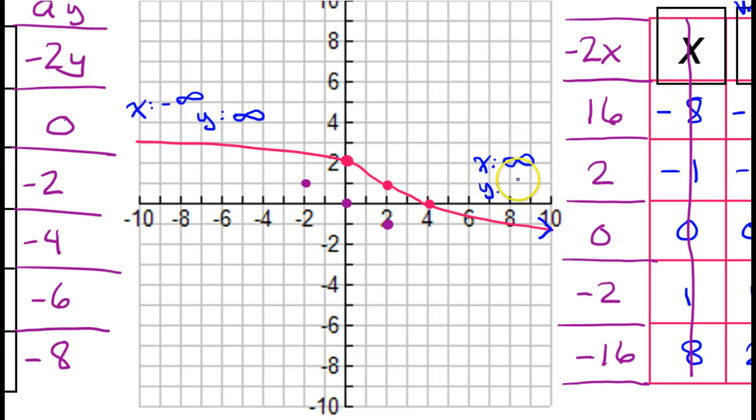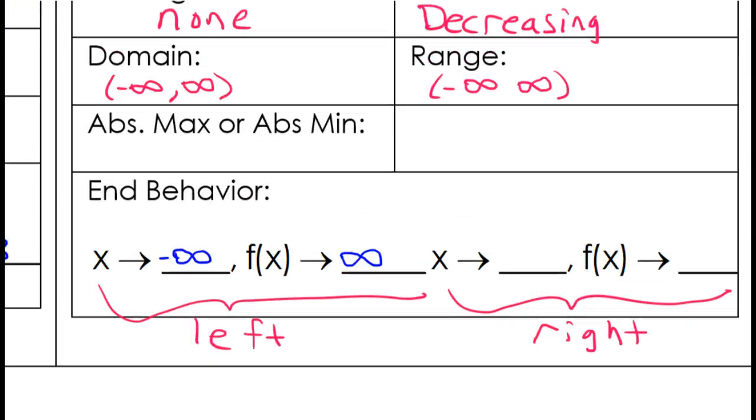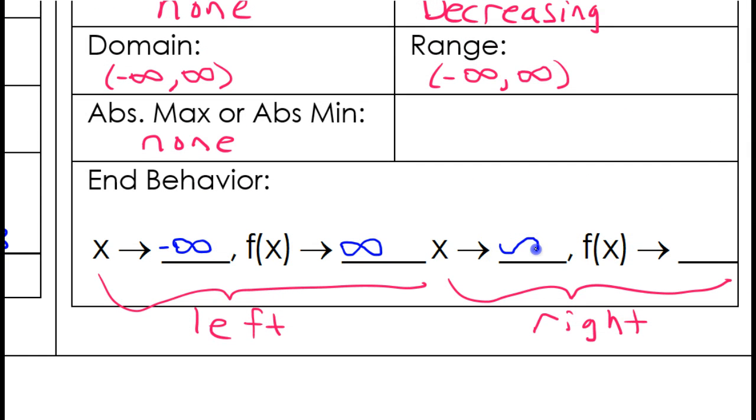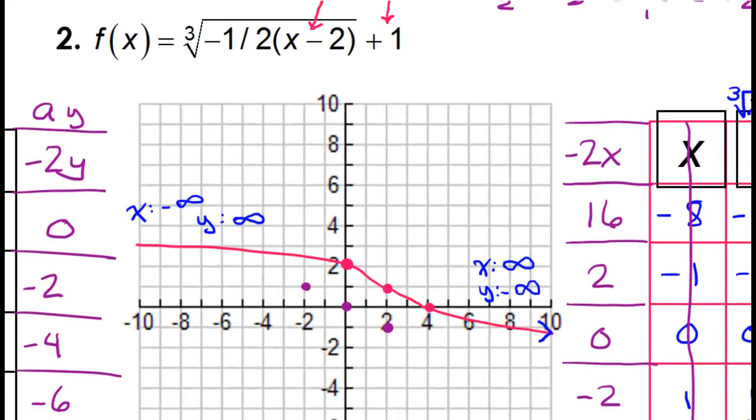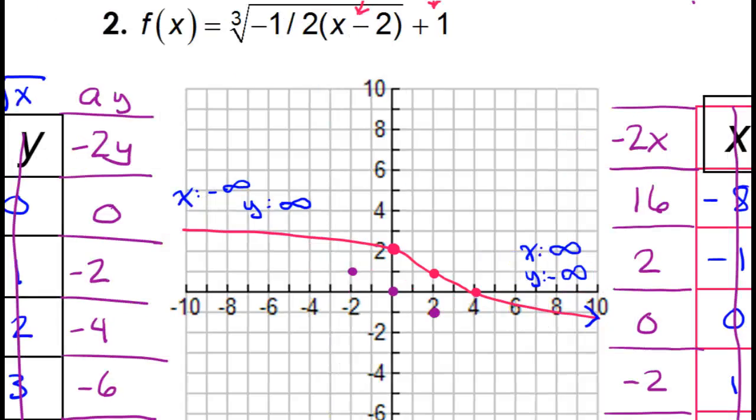It's going down, so that means the y values are going towards negative infinity. So as the x values approach positive infinity, the y values approach negative infinity. So that's the right-hand side. Positive infinity, negative infinity. All right, and that is it. That is how you graph a cube root function and a square root function.